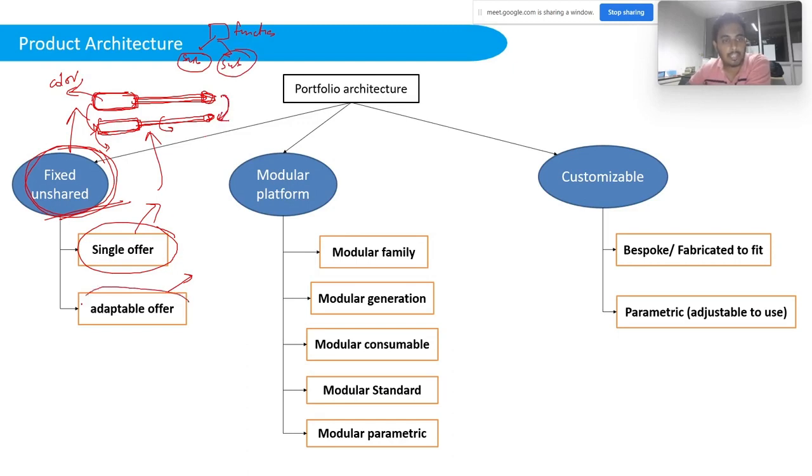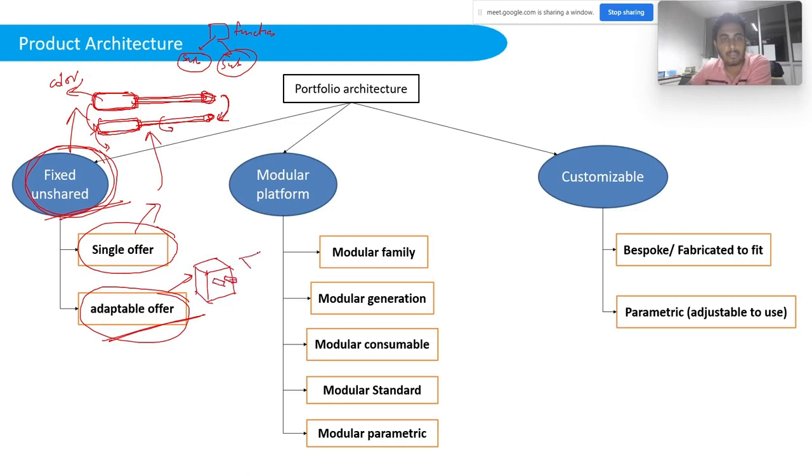Again, the next is adaptable offer. What is adaptable offer? You have a product which is unique, but there is some sort of adaptability you need to provide. For example, if you consider a charger, in the Indian setting we have these cylindrical charging points.